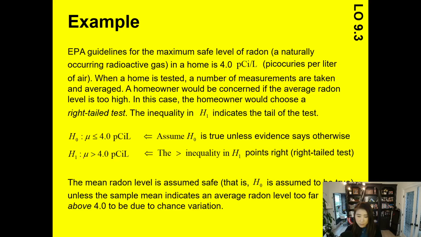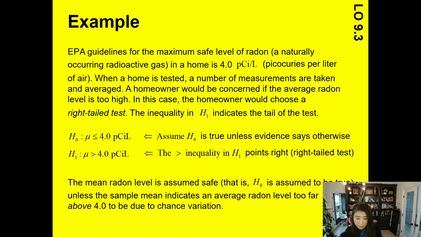The status quo is that we assume the house does not have this overloaded chemical, so the house is still there. Otherwise the house would already be gone. So the status quo is mu smaller than or equal to 4.0.